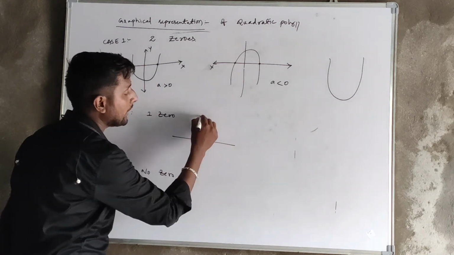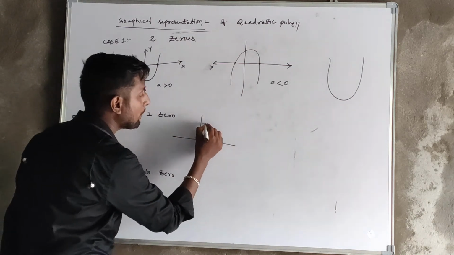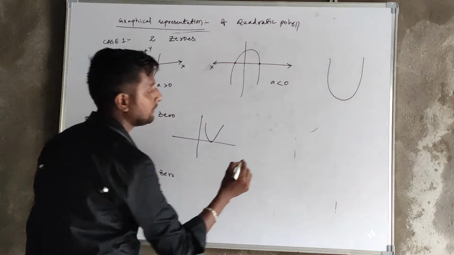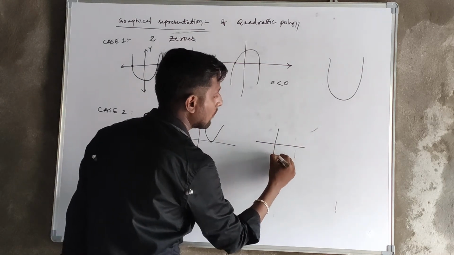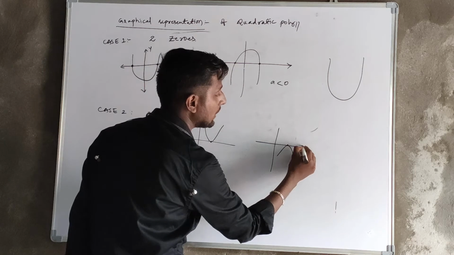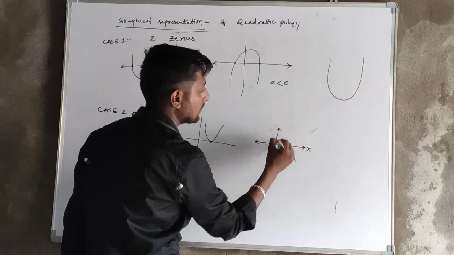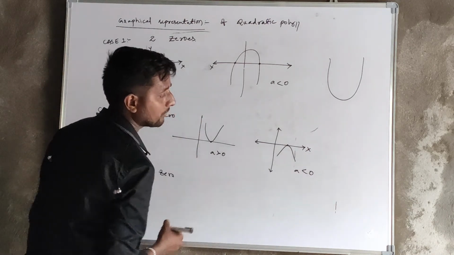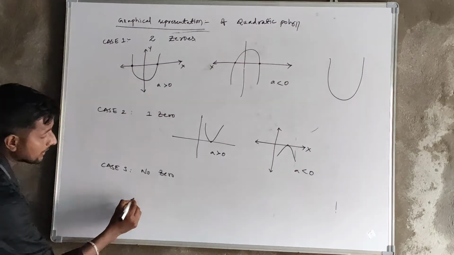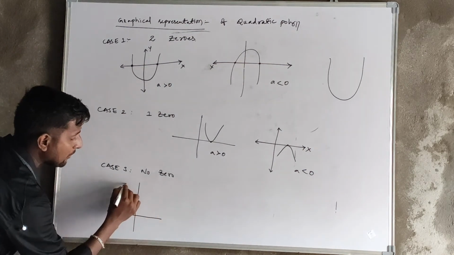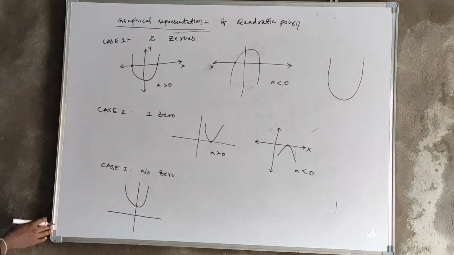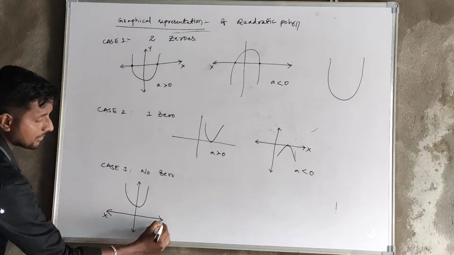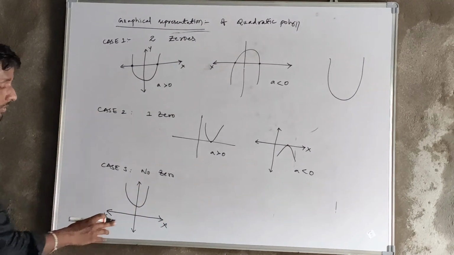Same, if you locate on the coordinate plane, the parabola may touch the x-axis at one place only, one and only. Same, when a is greater than 0 and when a is less than 0. Next, no zeros. That means the parabola may exist without touching the x-axis.